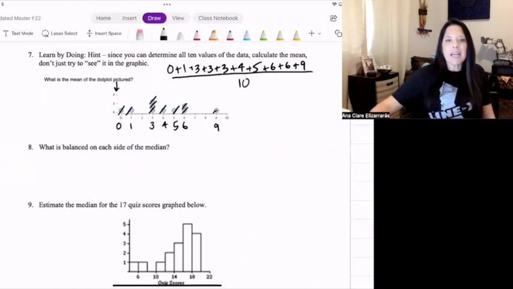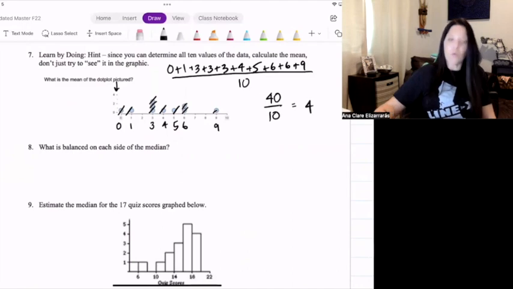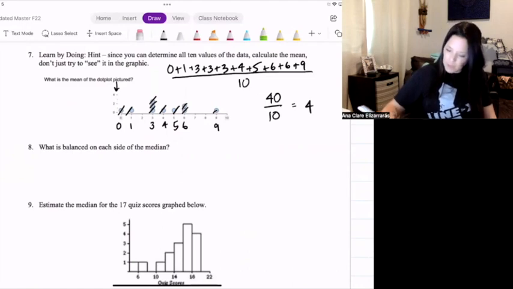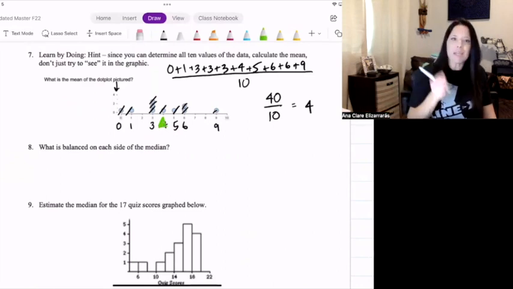So divided by 10 dots. So I need to add first 0 plus 1 plus 3 plus 3 plus 3 plus 4 plus 5 plus 6 plus 6 plus 9. That gets 40 for a sum, divided by 10, or 4. So the average of the dot plot is 4 right here. That is the mean, the average.